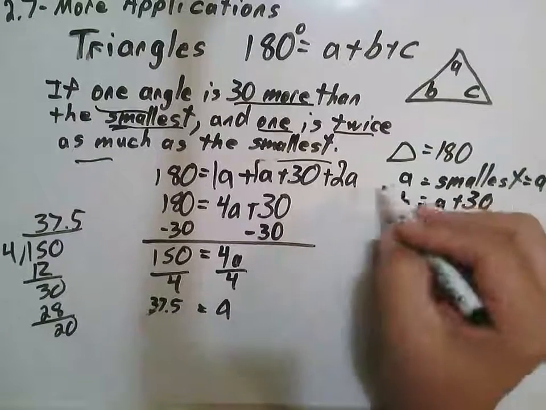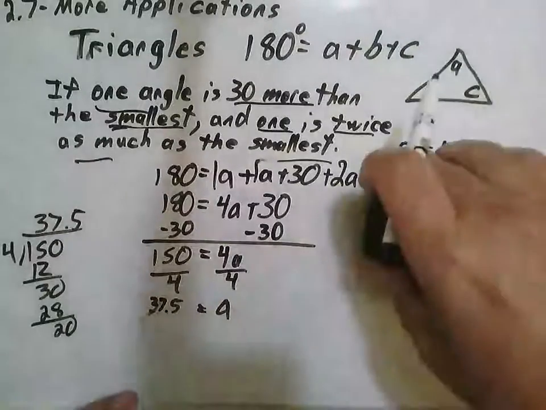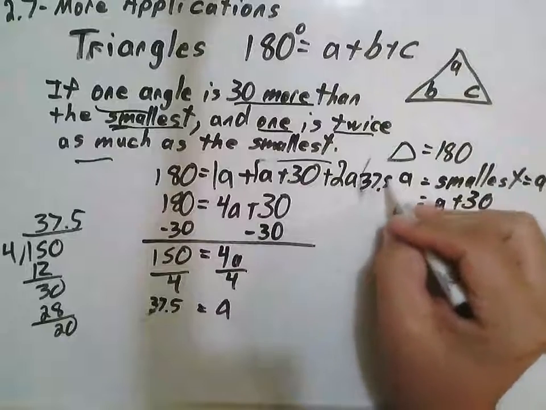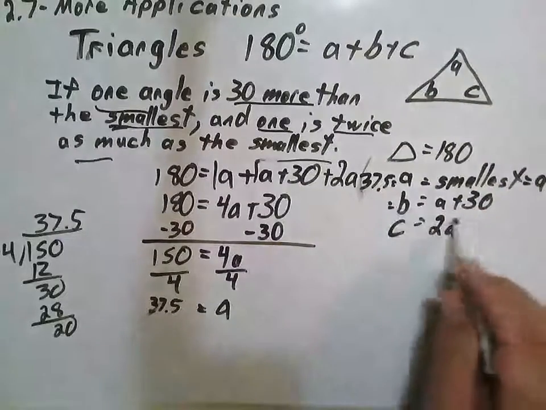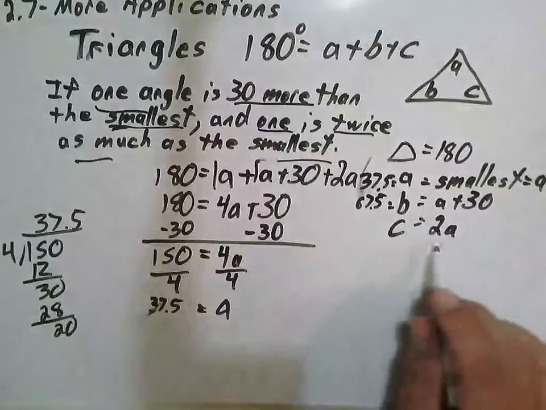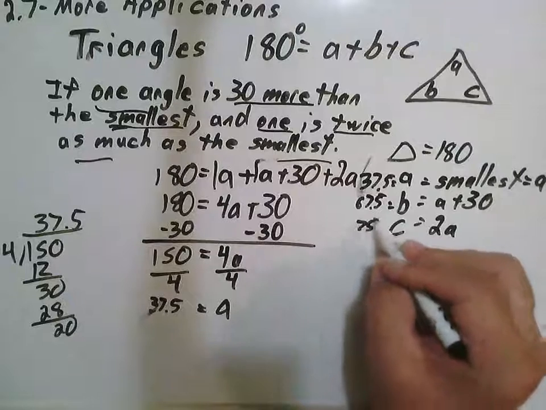So that means my smallest angle is 37.5. That's telling me B is 30 plus that, which is going to be 67.5. And that's telling me that this one is 2 times that. So 2 times 37.5 is going to give me 75.